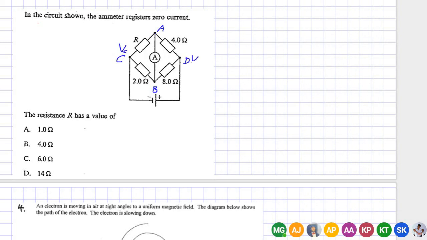Potential at D, let us call it VD. Potential at A is VA, let us call it V. Potential at B is VB, okay, let it be just V.